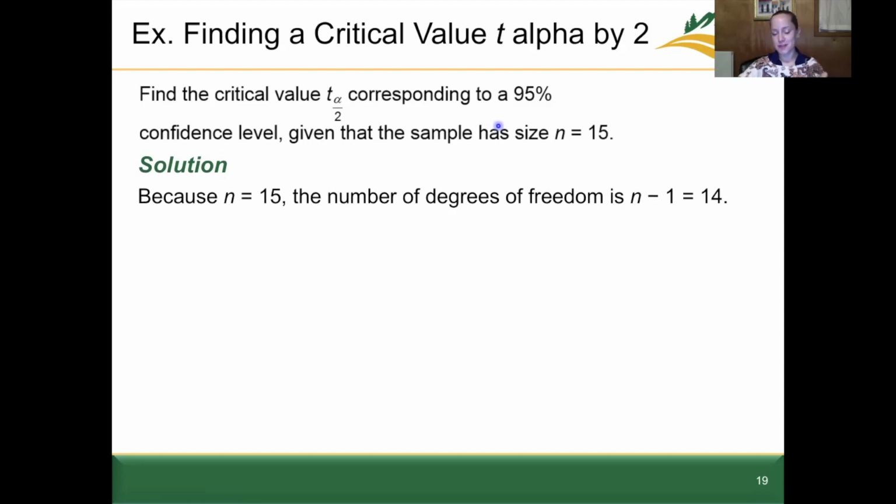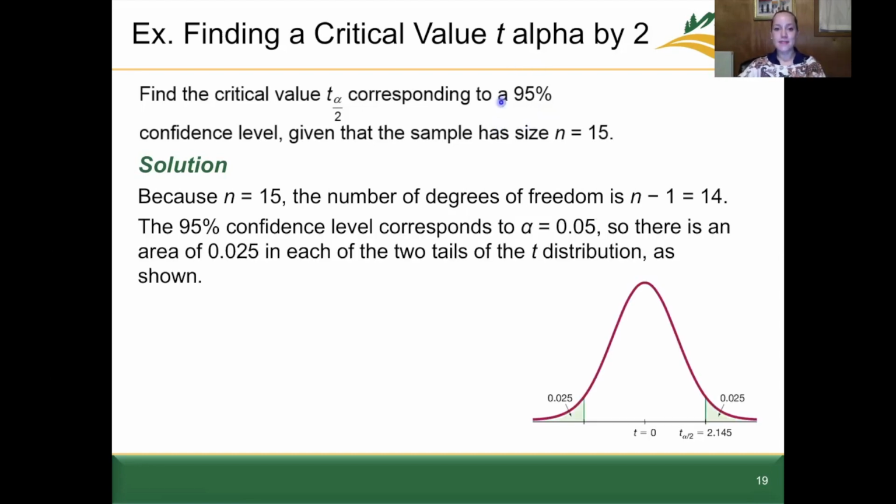Now we needed to calculate this degrees of freedom in order to find our critical value of t subscript alpha over 2. Similar to 7.1, we also need to use this information of a 95% confidence level. When we take 95%, take it out of a percentage, that's 0.95. Then we know that our confidence level of 0.95 and our alpha value are complements of one another.